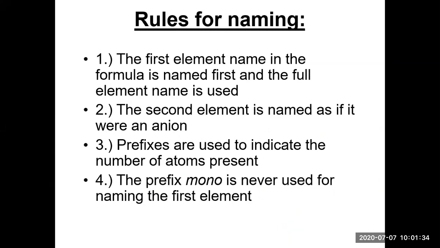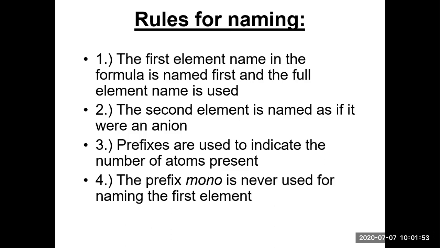So how do we go about doing this? Pretty much the first element in the formula, you use the entire name of that particular element, and you would also use the appropriate prefix for how many there are.